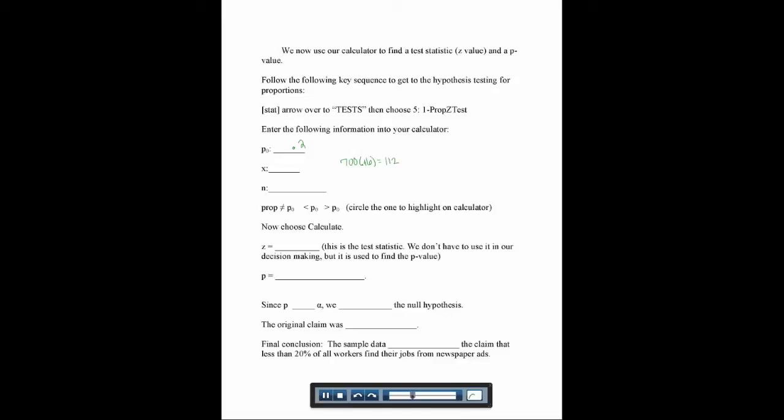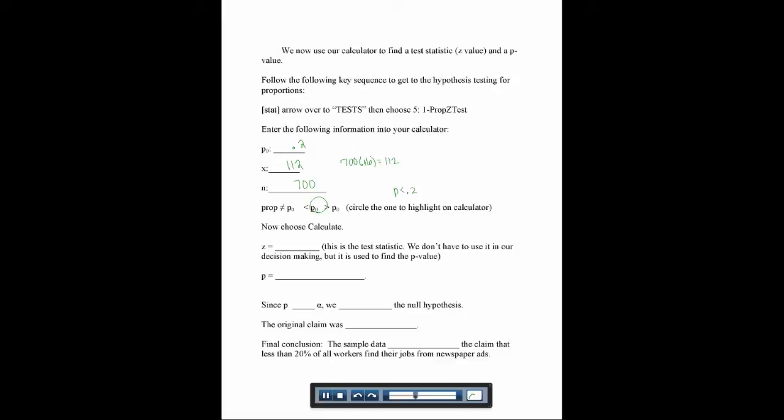So for x, we're going to put 112, and our n was 700. Now our claim was that p was less than 0.2, so this p0 is our 0.2, and we choose the option that p is less than 0.2.